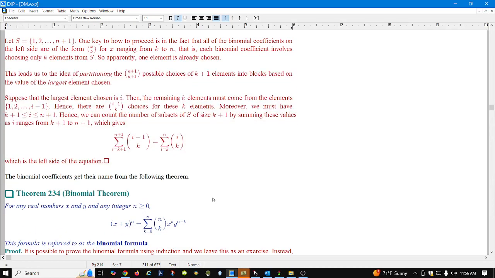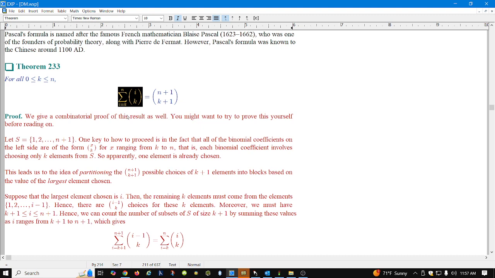Another very nice example of a combinatorial proof. And in this case, it's going to be far simpler, I think, than an algebraic proof. I've never attempted an algebraic proof, but dealing with this sum looks kind of ugly.